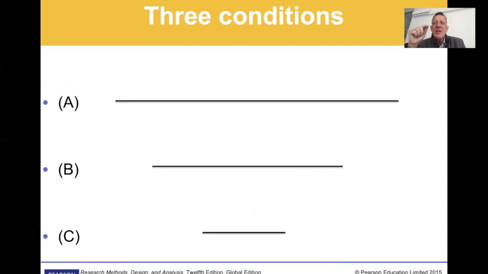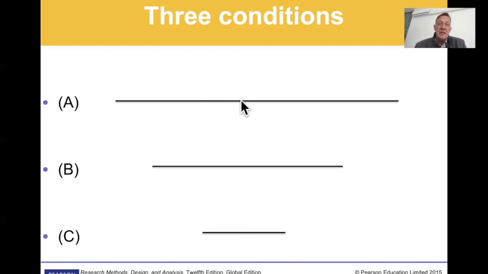Now, these three conditions are applied to each participant. It might be that if you get the long line first, it influences your response on the next one, and so on. We don't know.